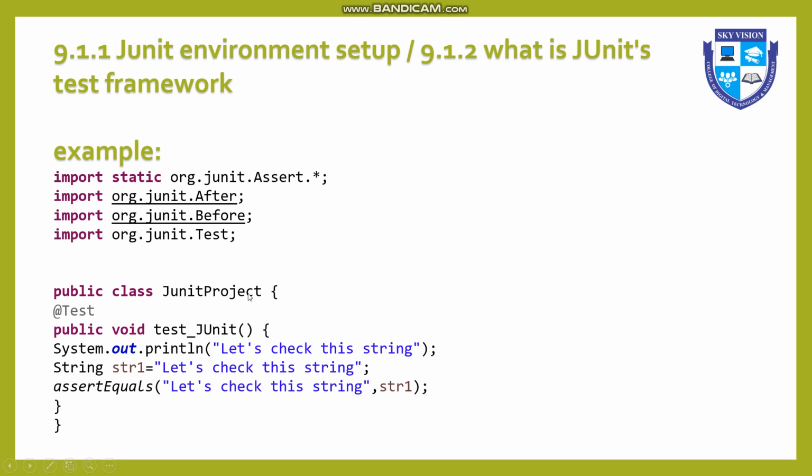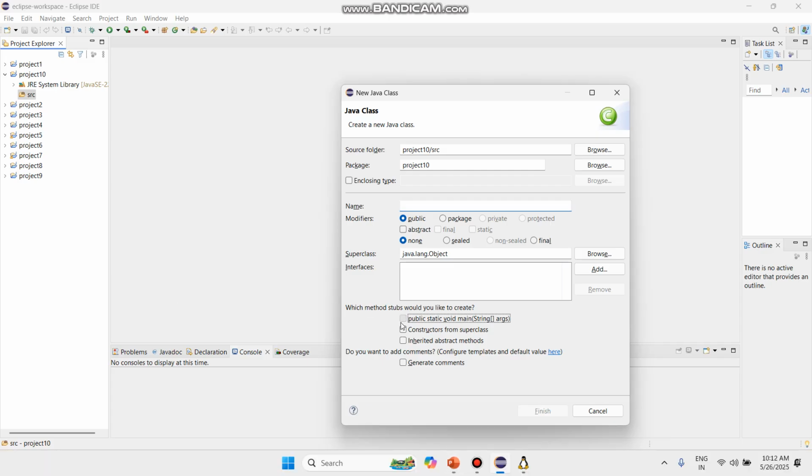Okay, main method is not mandatory. See over here, main method is not mandatory, so I'm not clicking on the main method. The main method is used when we want to run the main program, but over here we are not running your full program, we are just checking unit-wise. So I am not clicking on the main method.